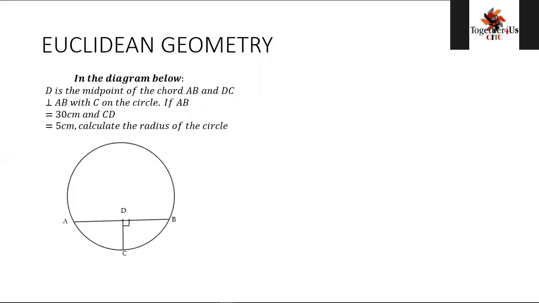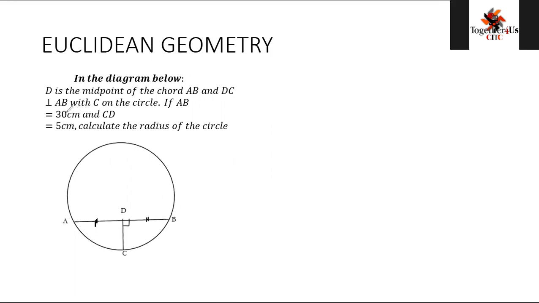Let's just take some examples based on the three theorems which we have discussed so far. All right. In the diagram below, D is the midpoint of the chord AB. So we must just indicate already that if this is a midpoint, then this line here, AD, is equal to DB.